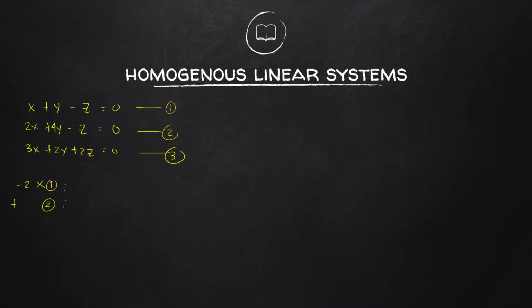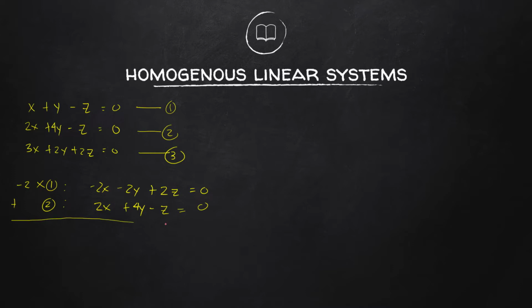So this would be negative 2 times x is negative 2x, negative 2 times y is negative 2y, negative 2 times negative z is equal to positive 2z, and this is equal to 0. And then copy the second equation. This would be 2x plus 4y minus z, and this is equal to 0.